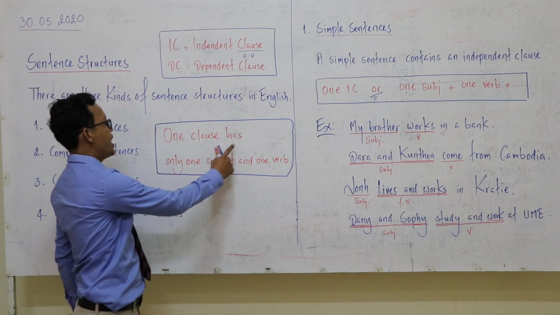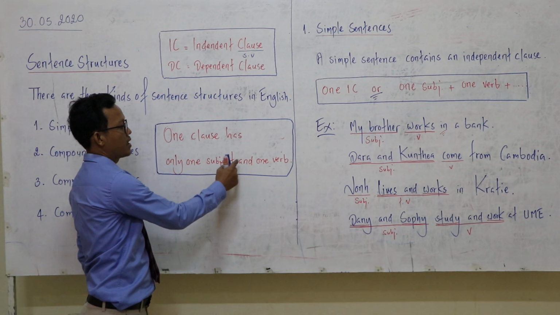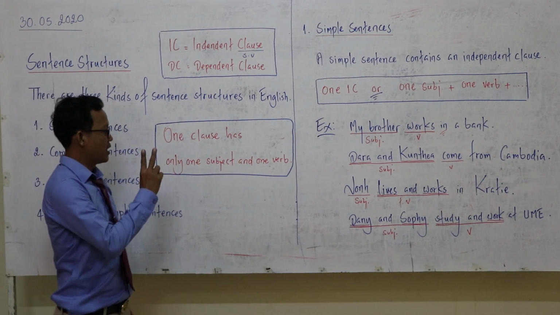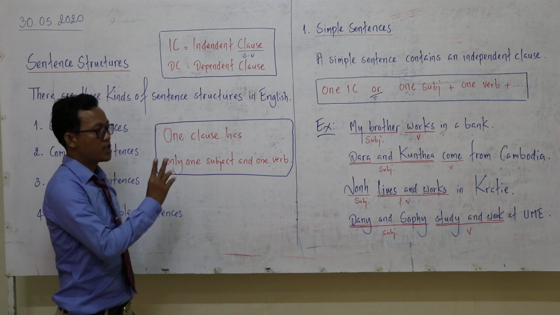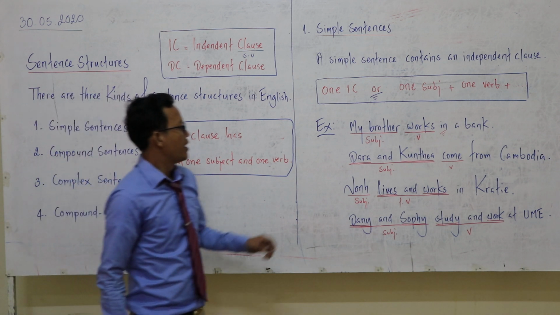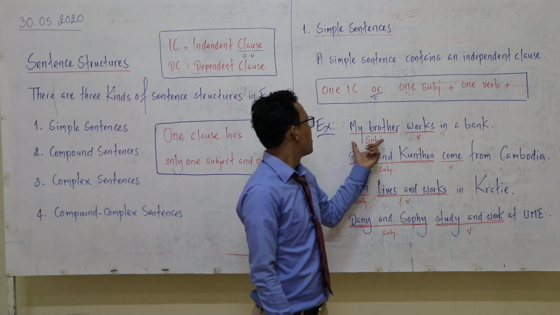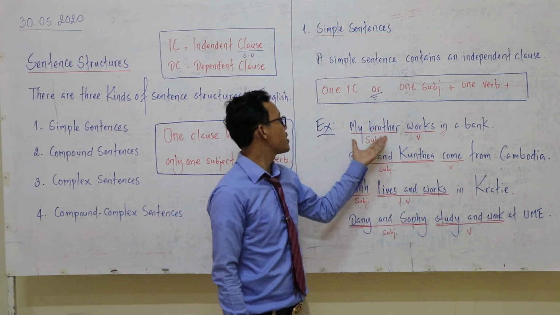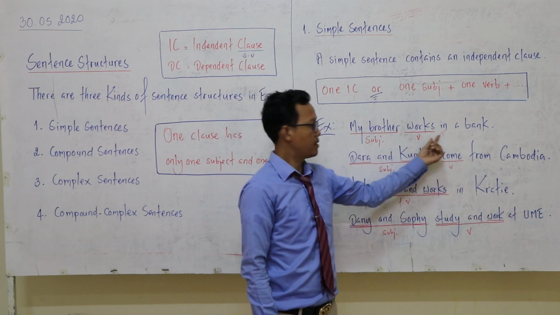One clause has only one subject and one verb. One clause cannot have 2 or 3 subjects, just only one. Again, my brother works in a bank. One subject, one verb.